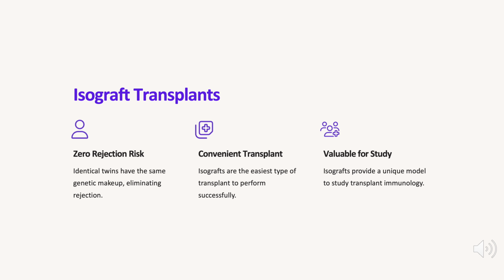By eliminating rejection variables, researchers can focus on other aspects of transplantation, such as tissue regeneration, immune response modulation, and long-term graft survival. This makes isografts essential tools in advancing our understanding of transplantation processes and improving transplant outcomes.